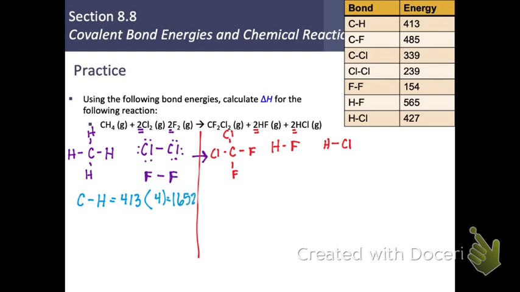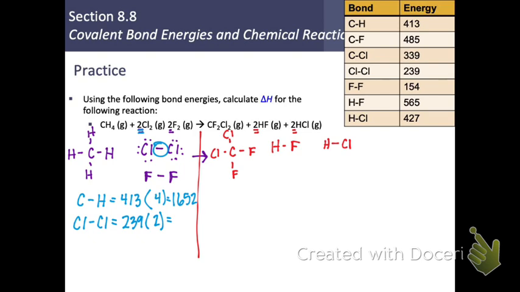Good job, Martha. The next type of bond I have is Cl to Cl, which is 239. Do you have to multiply by 4 or 2? I've only got one bond within the molecule, and I have two molecules, so I just multiply it by 2.